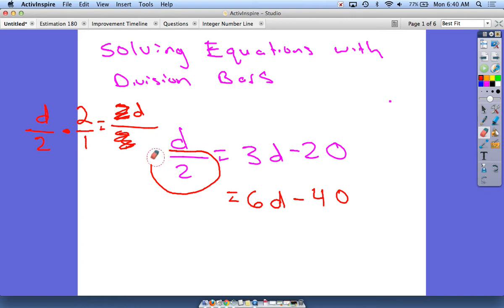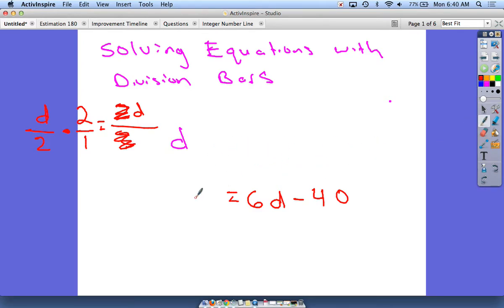So now my problem looks like this. D equals, and I can get rid of this now because I already did my multiplication, d equals 6d minus 40. Now you can just do your problem solving process like you've done.